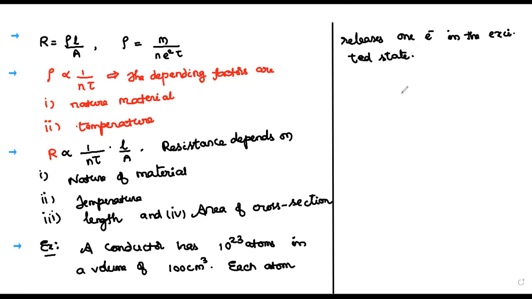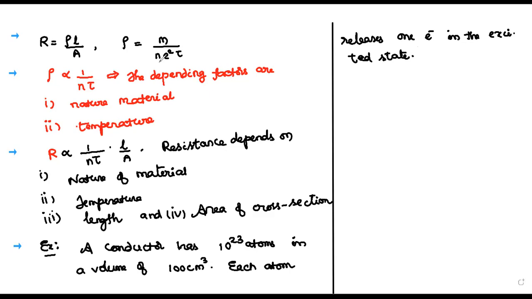Indirectly you can find out the number of electrons: 10 to the power of 23 atoms means 10 to the power of 23 electrons, because each atom releases one electron. There are 10 power 23 electrons in 100 centimeter cube, meaning you can calculate the number of electrons per unit volume. That is N.